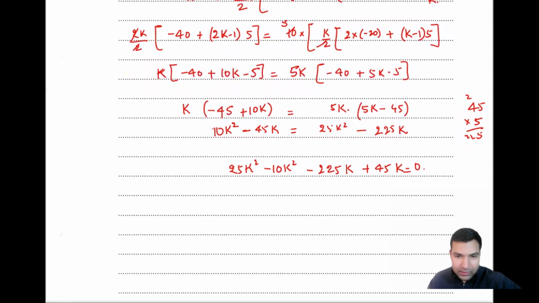Now 25 minus 10 gives you 15k squared, and then minus 225 plus 45 gives you negative 180k equal to 0. Now I can take 15k common, and therefore I'll get k times (k minus 12) equal to 0.